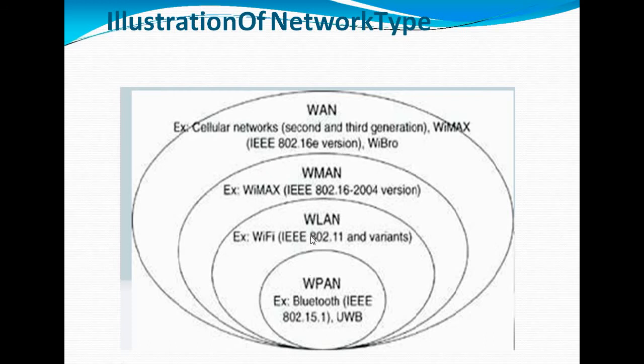With the help of Bluetooth you can understand WPAN is used in Bluetooth. WLAN is Wi-Fi, and in WMAN we use WiMAX, and WAN uses cellular networks, which are related to second and third generation, and here they also use WiMAX and Vibro. So these are the illustrations of wireless network types.